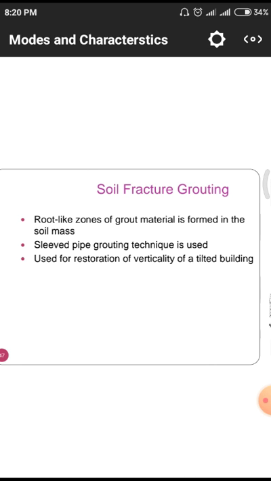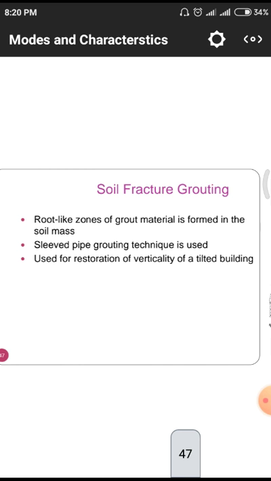Next one is soil fracture grouting. In some of the soils we can observe fractures that may take place due to different atmospheric and environmental phenomena. Some root-like zones of growth material are formed in the soil mass. Why? Because in previous years there may have been some growth of vegetative matter.